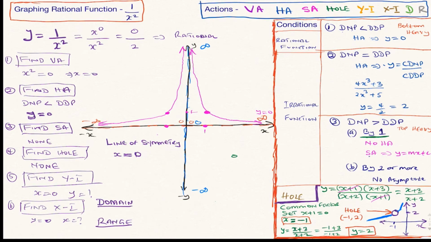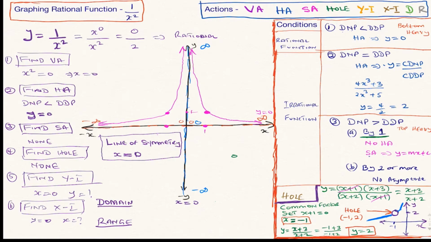Right, now that we've sketched the curve, we're going to look at the domain and the range. First of all, just a reminder, the line of symmetry is x equals 0 because of a reflection of the two curves along the y-axis. This is the line where x equals 0.